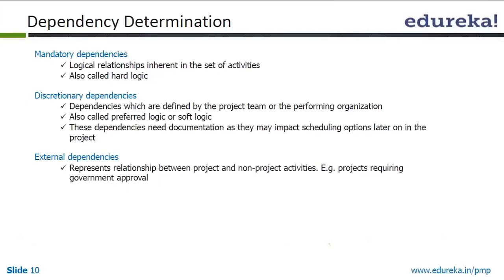Discretionary dependencies are dependencies which are defined by the project team or performing organization, also called preferred logic, and these dependencies need documentation as they may impact scheduling options later on. What it means is we create certain dependencies specifically, like when we are putting carpet in a room.